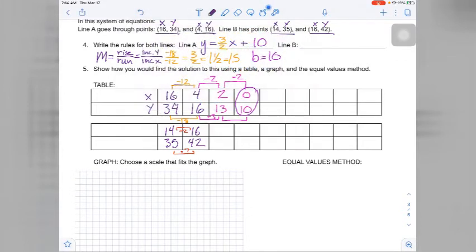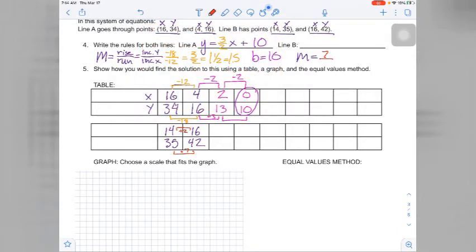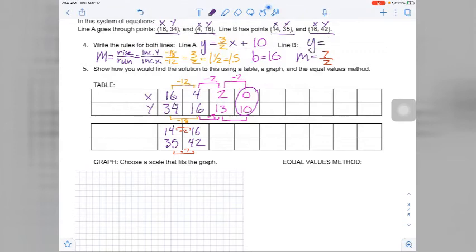So my m is going to be the rise, which is the increase in y, 7, over the increase in x, which is 2. Once I have that, I have part of my rule, so I can already fill in y equals 7 over 2 x. You could also write this as 3.5. It means whenever x goes up 2, y goes up 7, or whenever x goes up 1, y goes up 3.5.